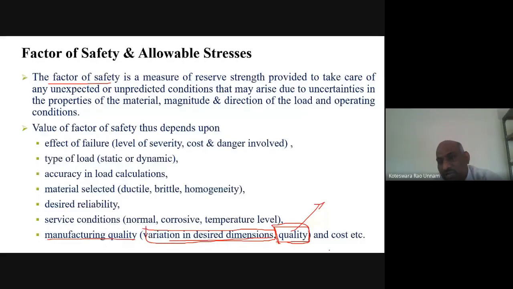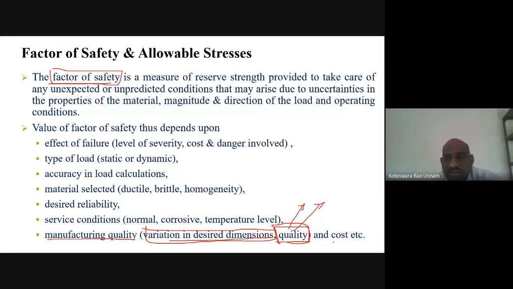Not only friction, because of a rough surface, there may be a chance of defects in the component. When that component is subjected to certain loading conditions, these cracks will grow and propagate from one location to another, and the component may fracture. To arrest that crack propagation, the factor of safety should be very high in these conditions.